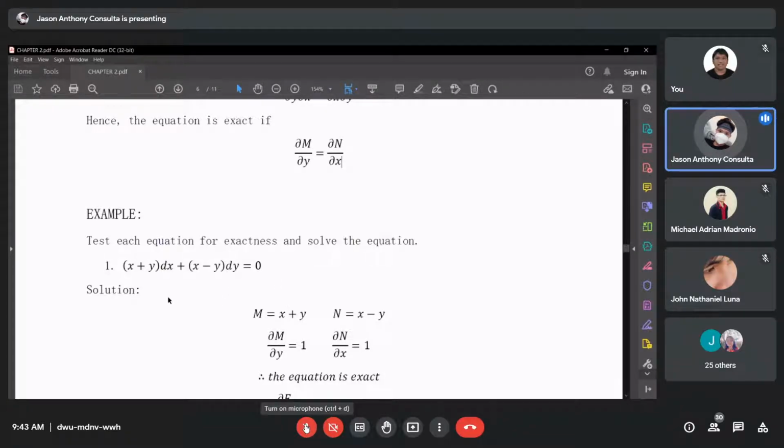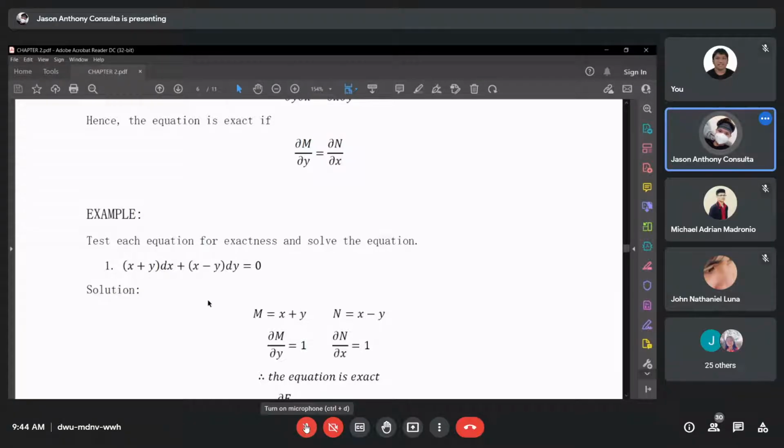So, binigyan tayo ng equation. The quantity x plus y dx, plus the quantity x minus y dy equal to 0. Ano yung unang gagawin? Hanapin kung ano yung M and kung ano yung N. Ano yung M? Yung M is yung term na nasa dx.